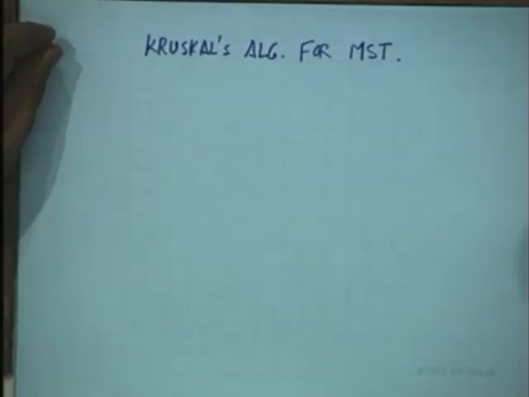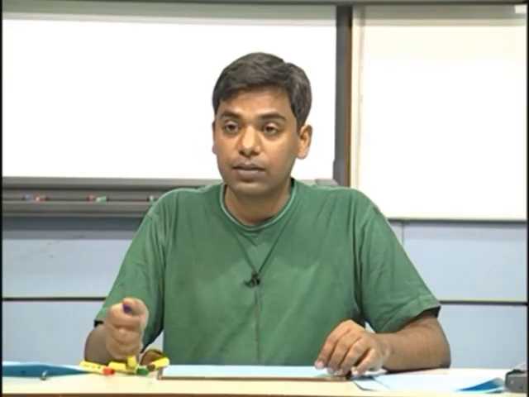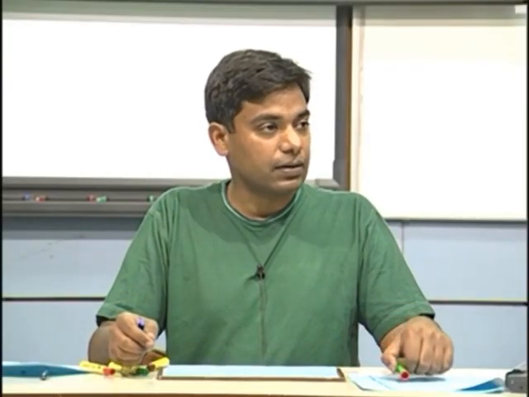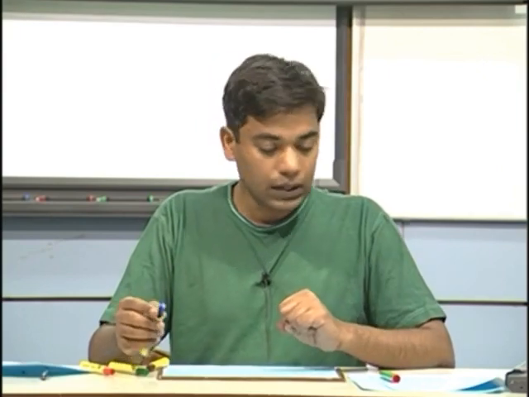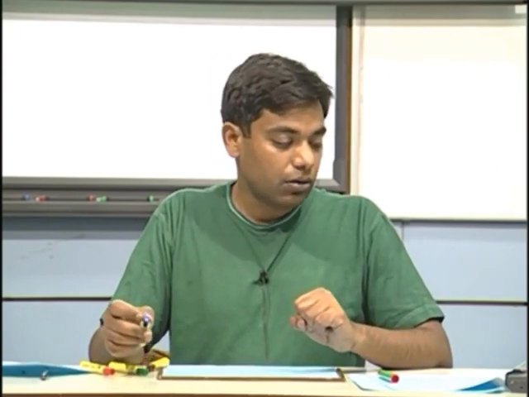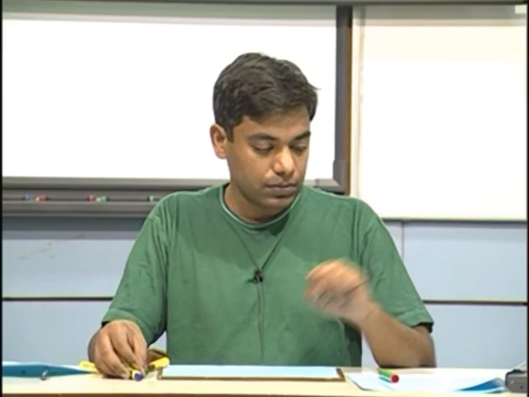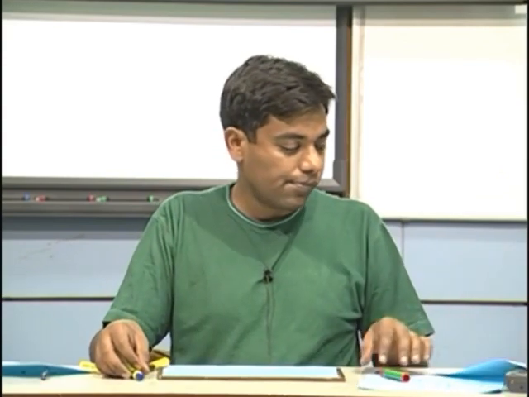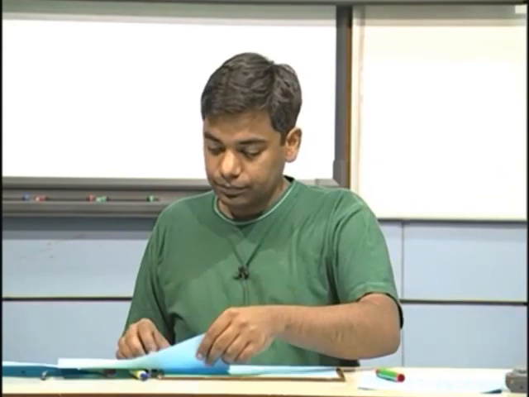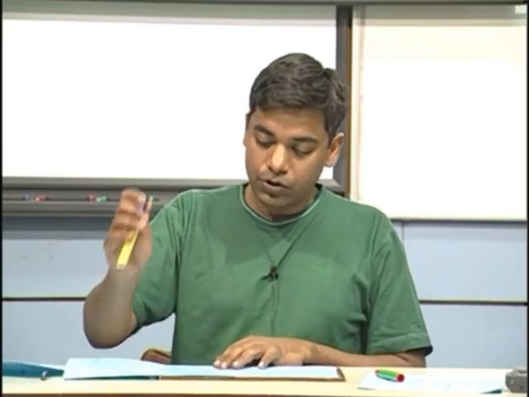Okay? So we are looking at Kruskal's algorithm for minimum spanning tree. It's actually a very simple algorithm. Let me illustrate it on the same graph that we had before. So I'm going to draw this graph out.